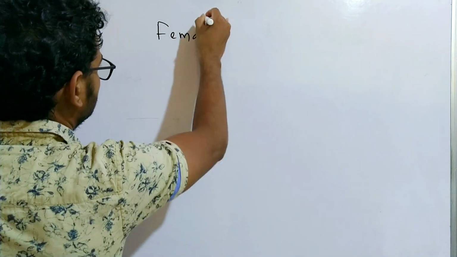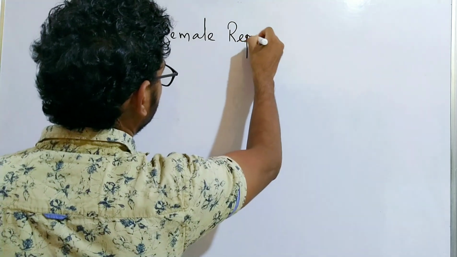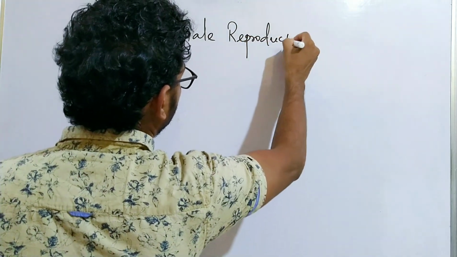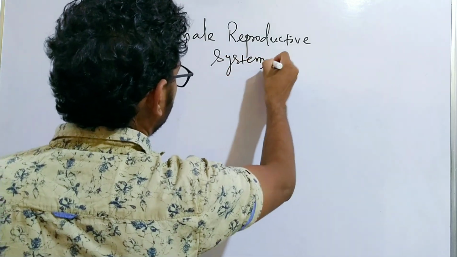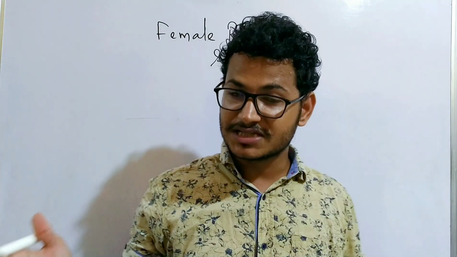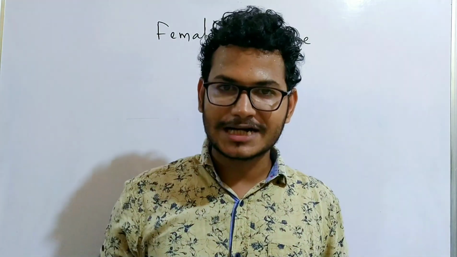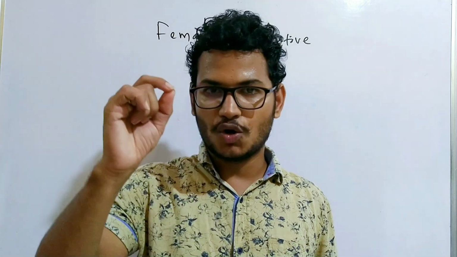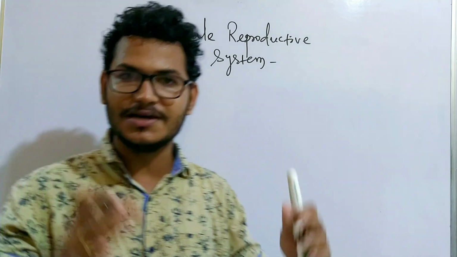So let's start with the basics of the female reproductive system. What are the different parts of this female reproductive system? Let's understand first. The most important part, the ovary, is the primary sex organ of the female.